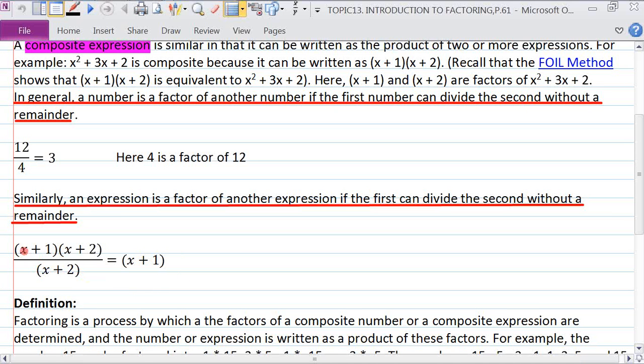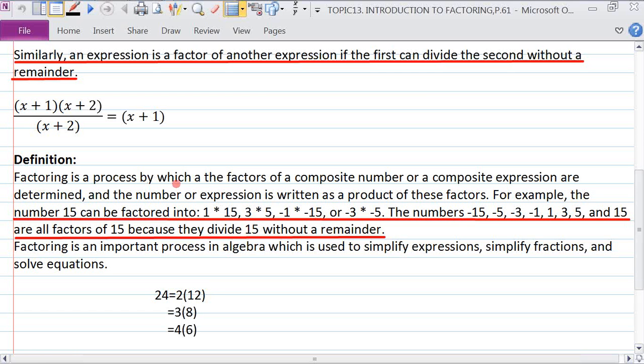We could have also put x plus 1 here, and then the x plus 1 cancels, and we would have x plus 2. So the two factors of this expression are both x plus 1 and x plus 2. The reason is when we divide these into the original expression, there's no remainder.